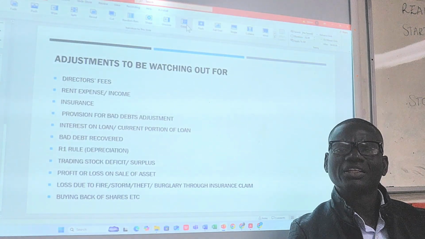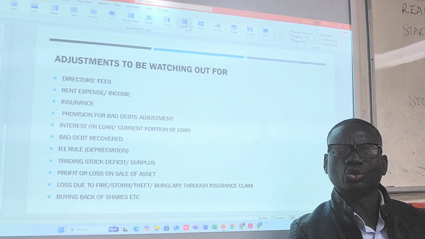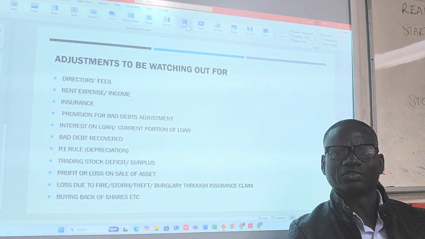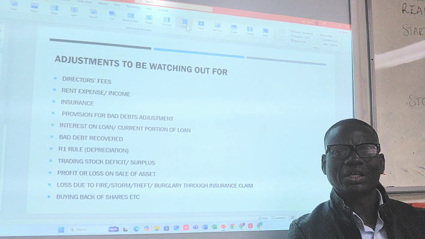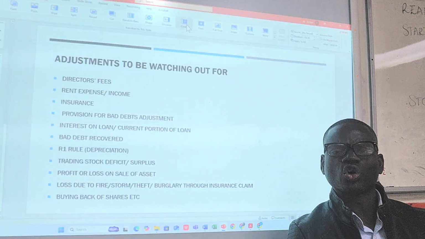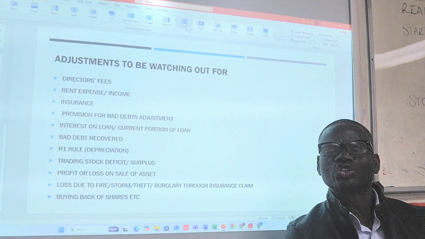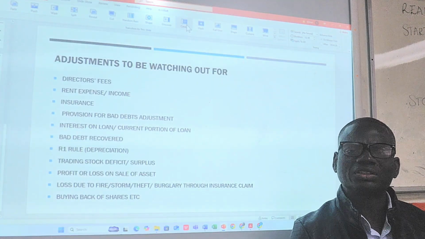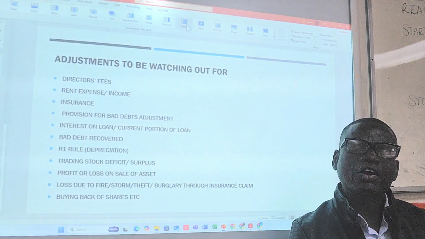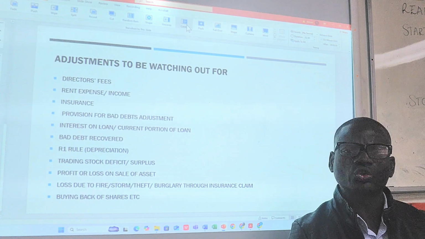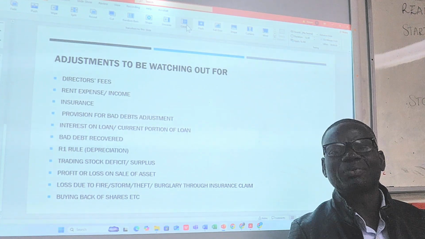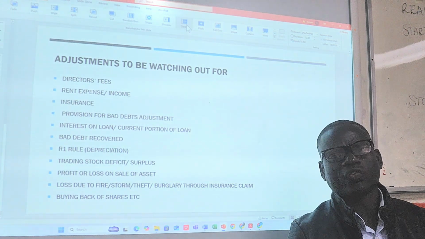This was really done in some schools nicely in grade 11. In grade 12, there's not much time to do all those things, but I would like you to go back to asset disposal, to go back to the calculation of depreciation. If accumulated depreciation is very close to the cost, it means that the asset might be very old, of course.